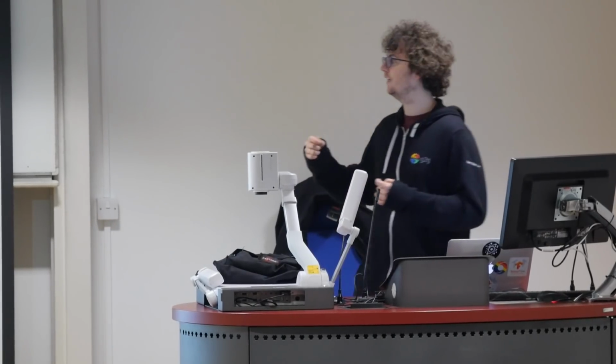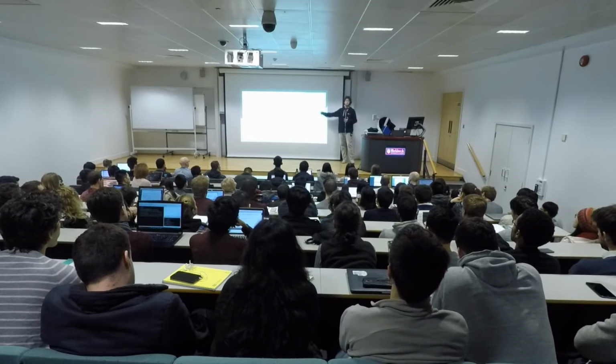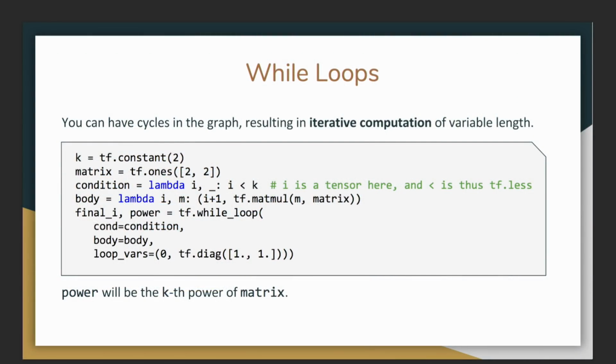You have situations where you have time series, or you have language, where the way you process one input depends on how you processed the previous input. In this case, you maybe want to keep around the output of the previous computation, and you want to reuse it, and you want to iterate maybe for a variable length. So maybe you want to process one word at a time until the end of the sentence, and you don't know in advance how long the sentence will be. In this case, you need a way to perform this computation multiple times until some condition is satisfied. And this is where things like a while loop come in handy.